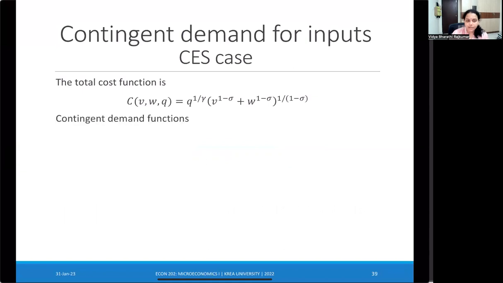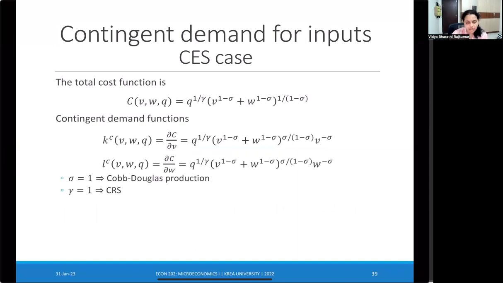If we take derivatives with respect to V and W, we get our contingent demand functions. And based on different parameters that sigma and gamma take, you can characterize production functions, which could be one of the three cases we see very often: Cobb-Douglas, substitutes, or complements. You can also bring in different returns to scale based on the value of gamma.